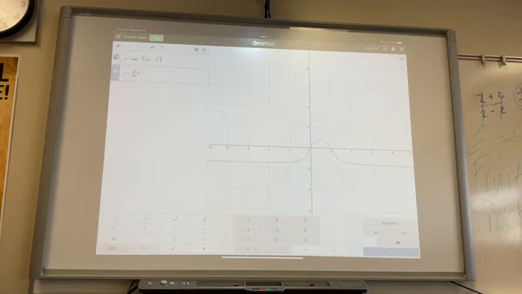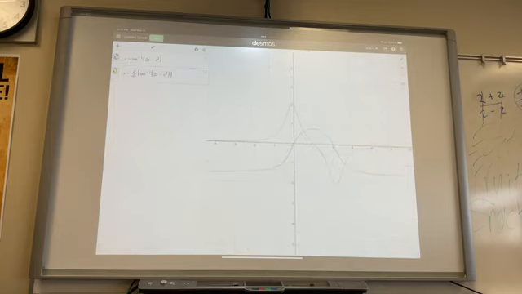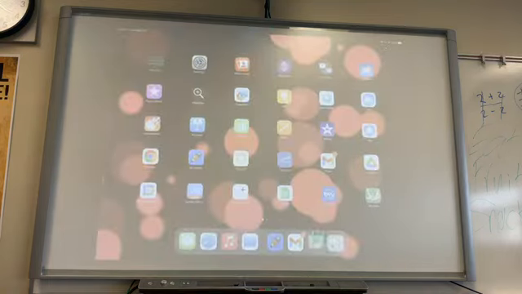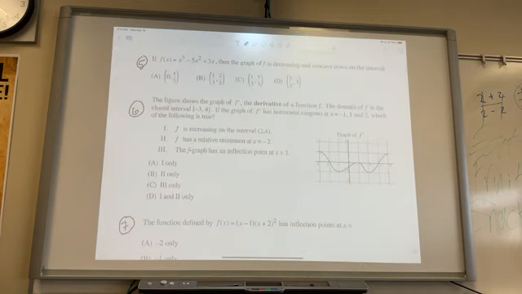There's one of them that's kind of weird, but without actually finding the derivative on your calculator, it would just cross once. Make sense? Yeah. Love it. Let's go.